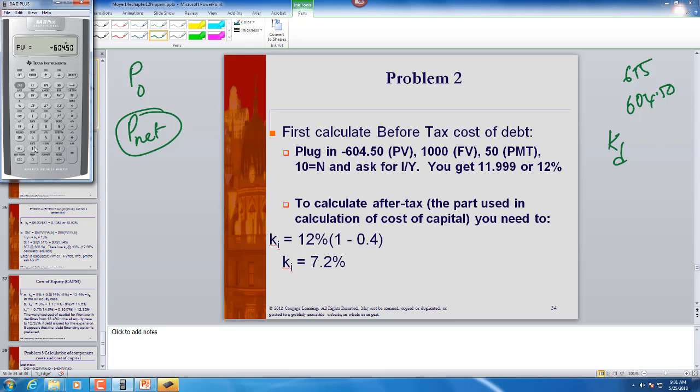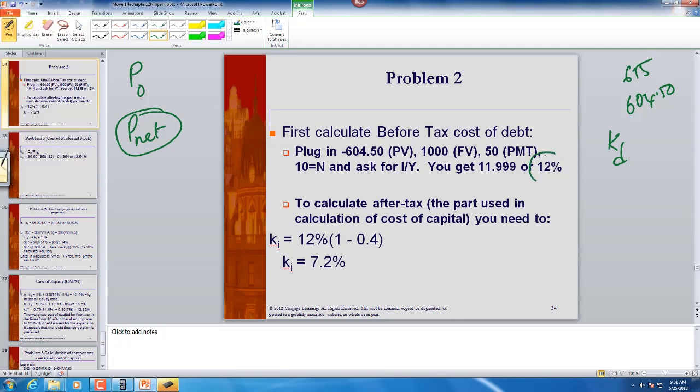Remember, this is P net, not P0. 1000 future value, 50 PMT, 10 is N, compute I/Y. You get 12%. So to calculate the after-tax cost, you have to take KD times (1 minus T).